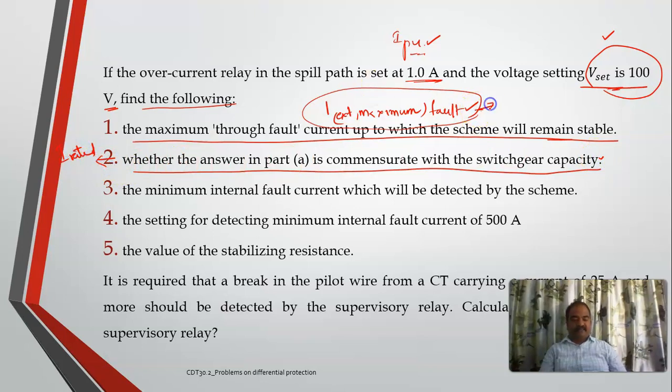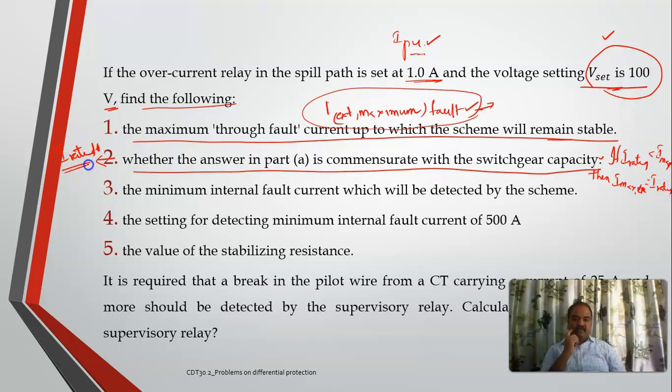You are saying that this is the maximum fault current which you can withstand. But if it is greater than your rated current, what will happen? Your system will burn out. So if I rated is less than I maximum external fault current, then your I maximum external fault current will be fixed up at I rated.